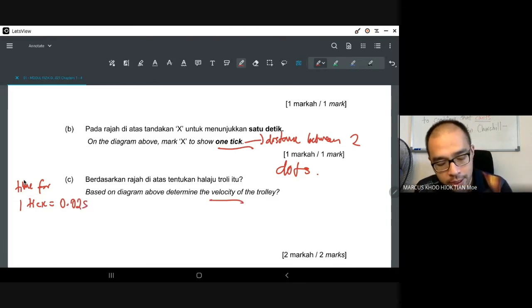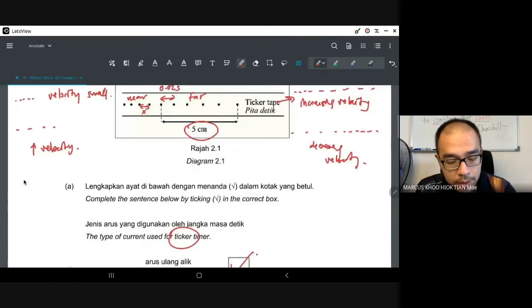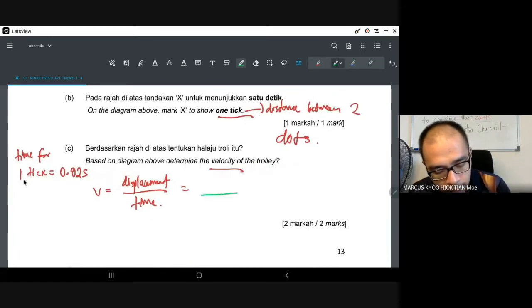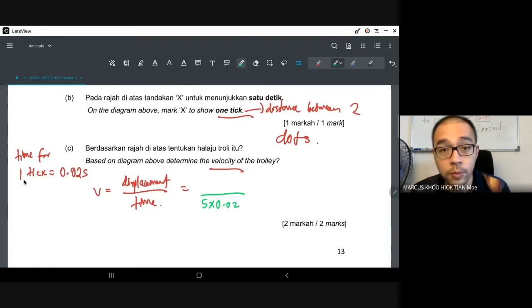Now velocity is the displacement, or the distance, over time. The displacement is 5 cm as given over here, and how many ticks are there? There is 1, 2, 3, 4, 5. So if one tick is 0.02 seconds, 5 ticks will be 5 times 0.02. Displacement is 5 cm. You can use cm if you want, or you can change it to meters.